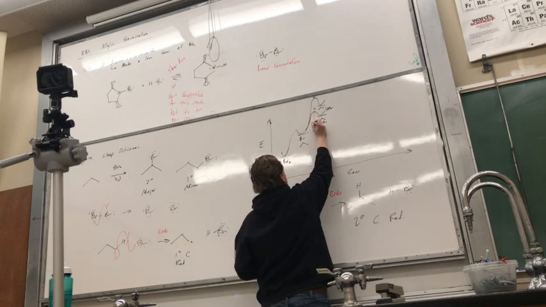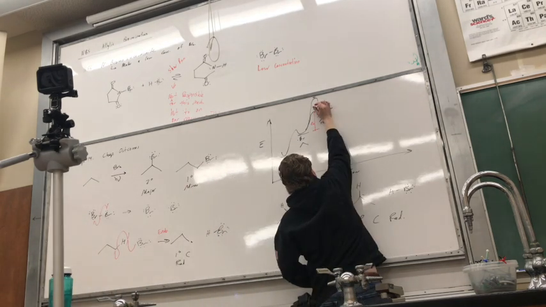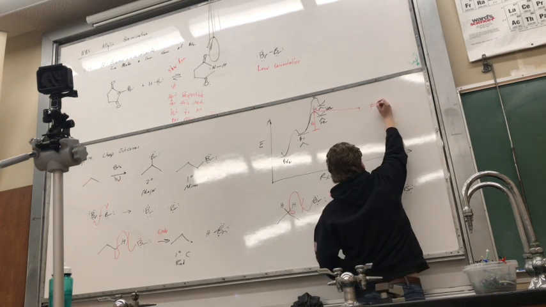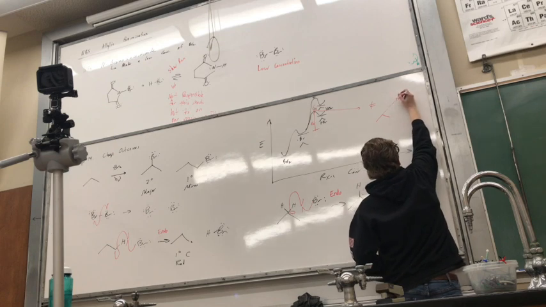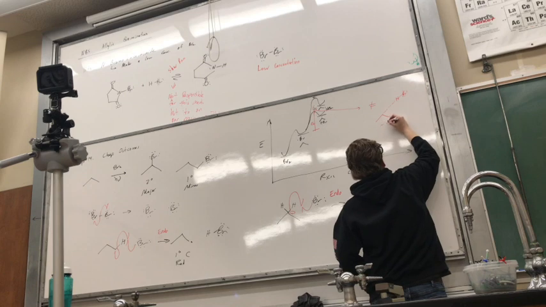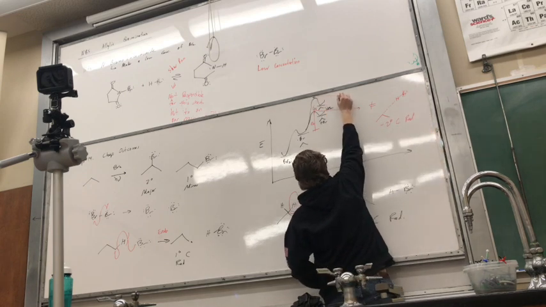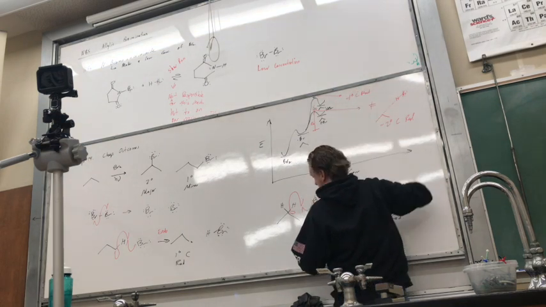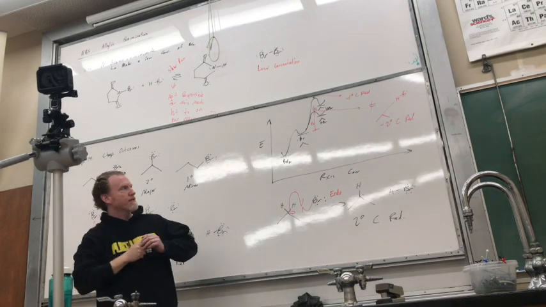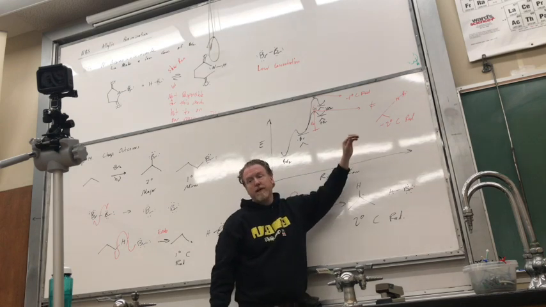The activation energy for the secondary carbon radical is much lower because this transition state looks like the products mostly. So this looks like a secondary carbon radical mostly, whereas that one is higher energy because it looks like a primary carbon radical. This reaction is producing the secondary radical more, which then produces the final secondary bromide more.